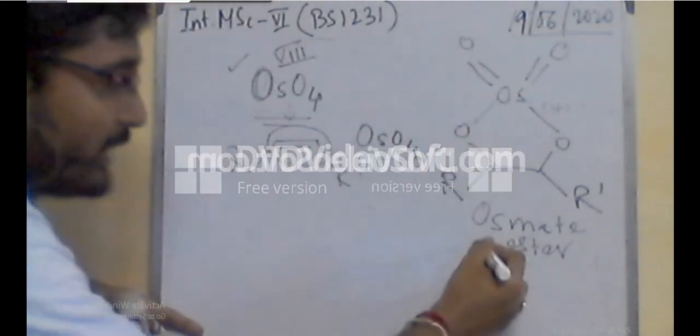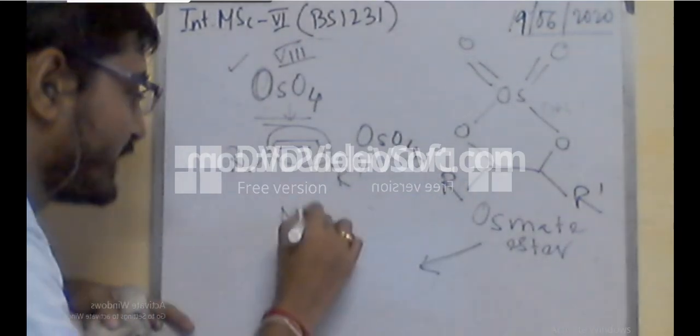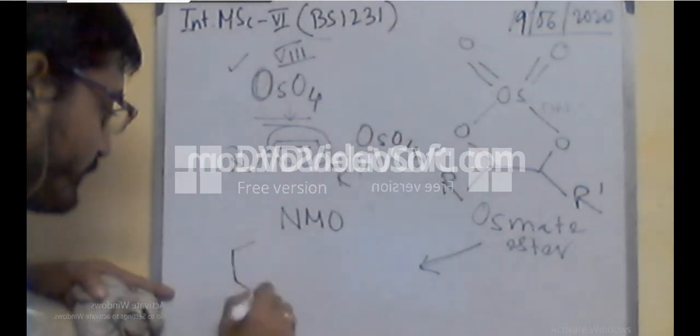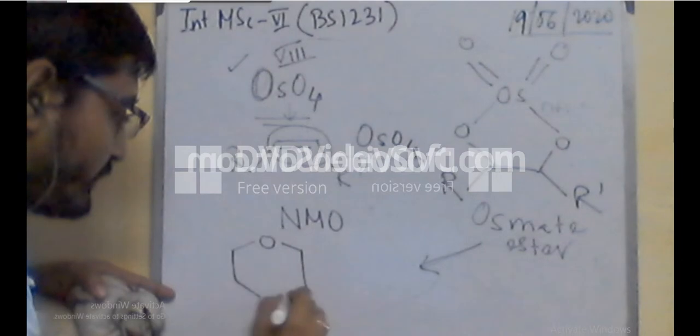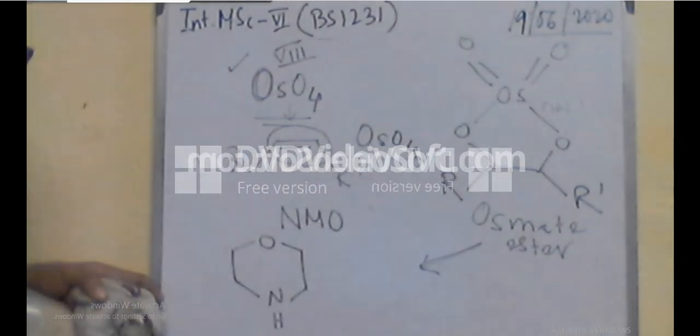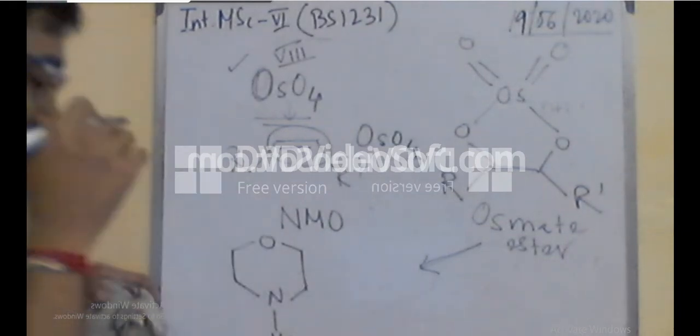And what is an N-oxide bond? You know this. Say if there is an NH2 group and I am using peroxybenzoic acid, it will be converted to O minus N plus. So this is basically the N-oxide.